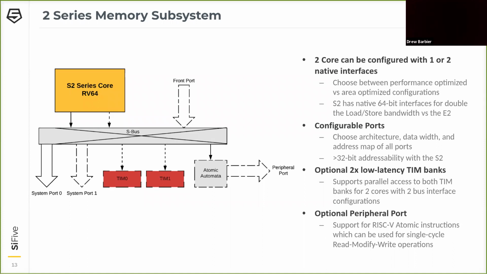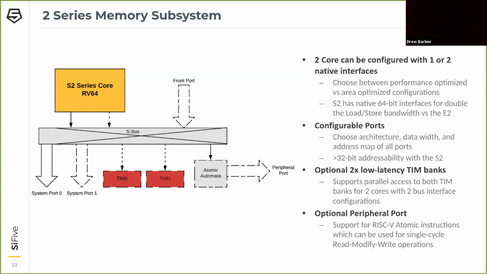In addition to the system ports, we also have optionally 2 low latency TIM banks, and what TIM stands for is tightly integrated memory. These TIM banks can be used to store instruction and data in a manner that's tightly coupled to the core with guaranteed access times.